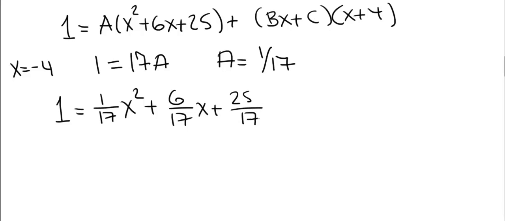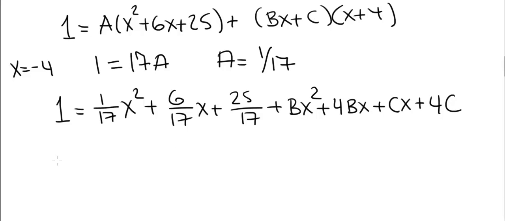plus bx squared plus 4bx plus cx plus 4c. And let's write this as follows. 0 times x squared plus 0 times x plus 1 on the left.